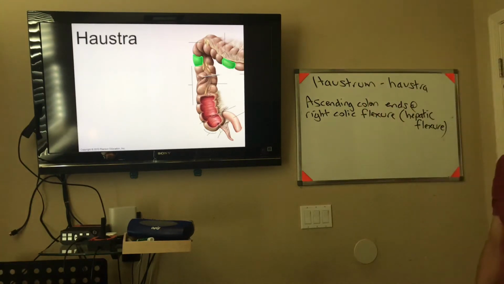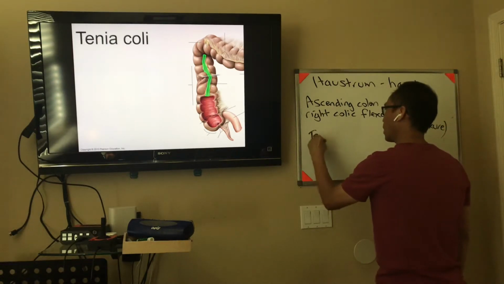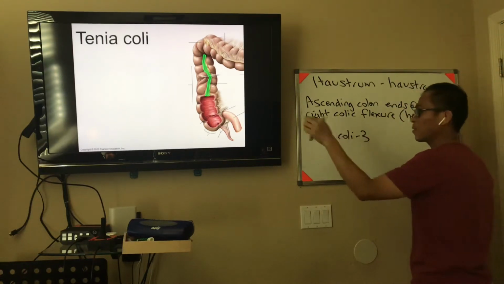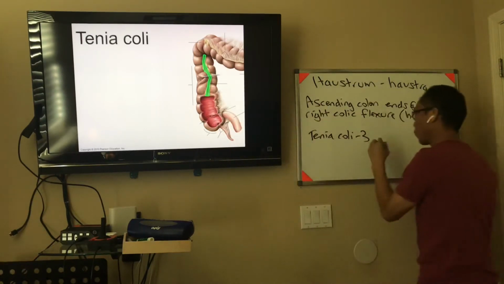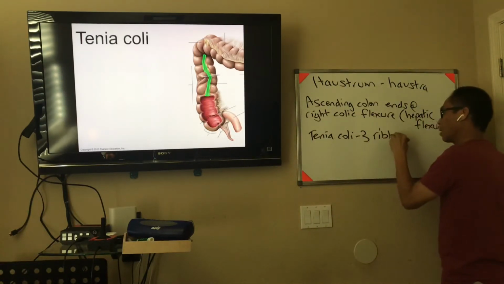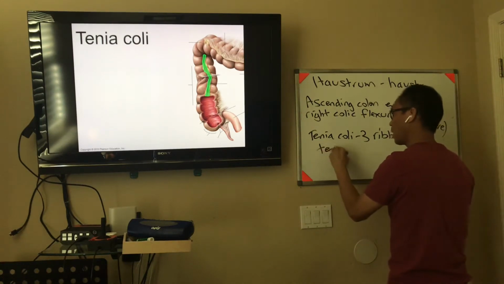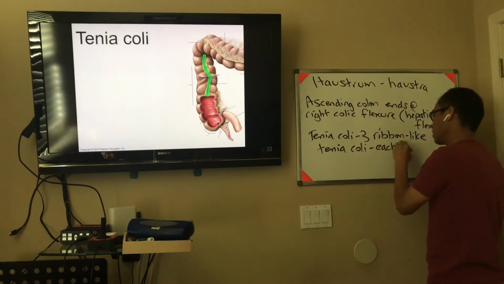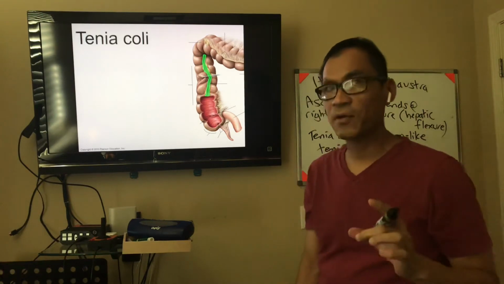I just picked a couple to highlight. Little pockets. Also know the taenia coli. Highlight it in green. You have about three ribbon-like things. They're on different sides. I can see one here, but there's about three ribbon-like taenia coli. What they are is derived from that longitudinal layer of muscularis externa.